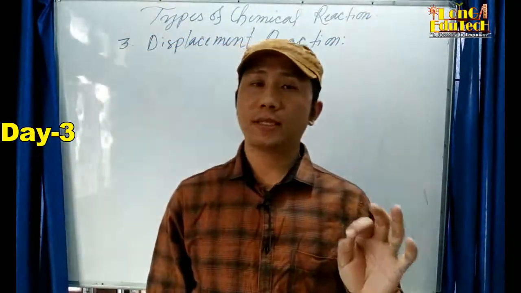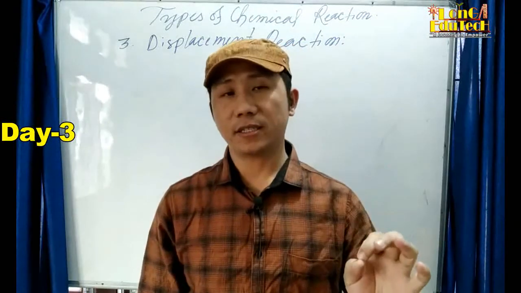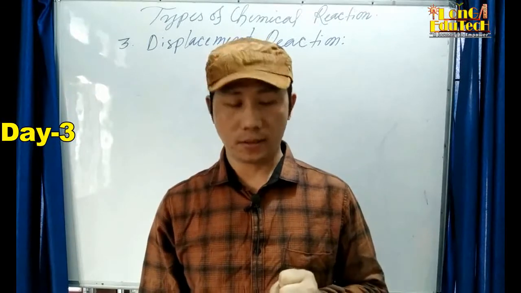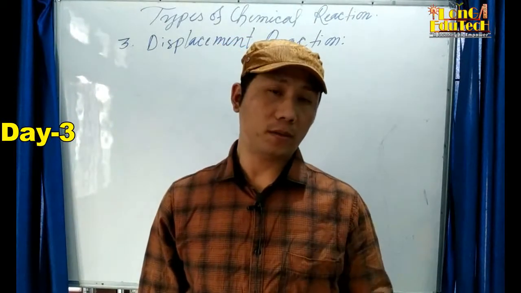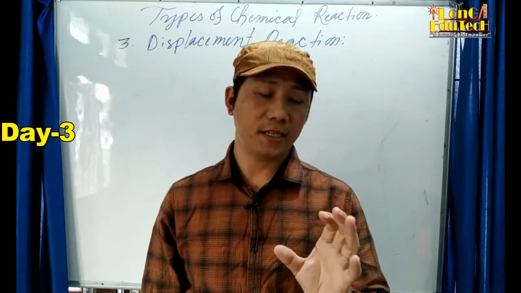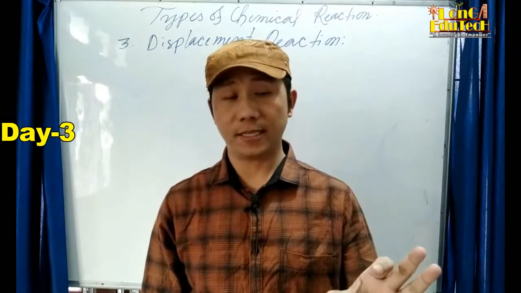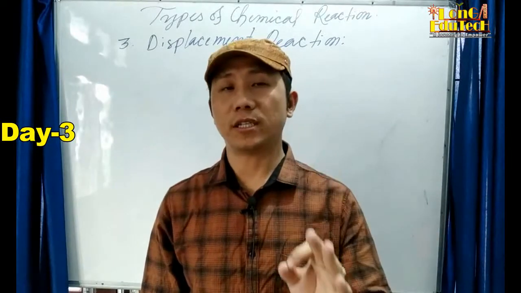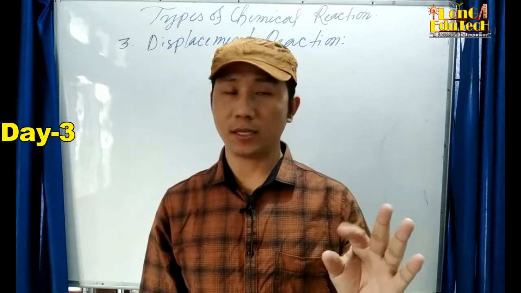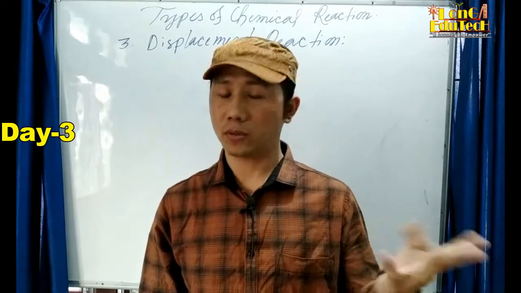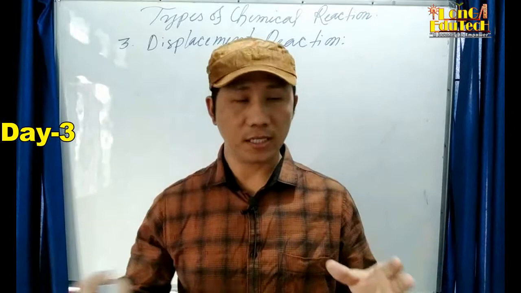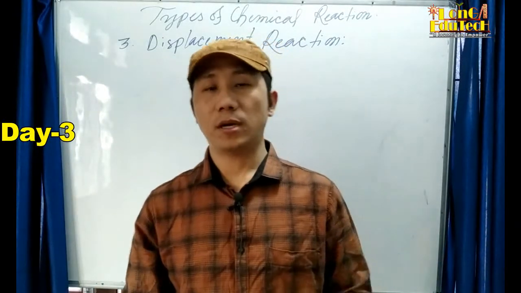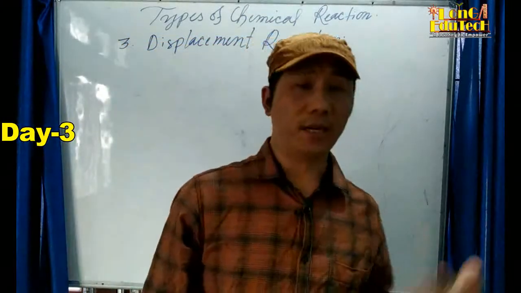Sometimes the question arises: why is a combination reaction called the opposite of a decomposition reaction? Because in a combination reaction, 2 or more reactants combine to form a single product, but in a decomposition reaction, a single compound is decomposed to form 2 or more products. That's why they are said to be opposites of each other. These types of questions also tend to arise.